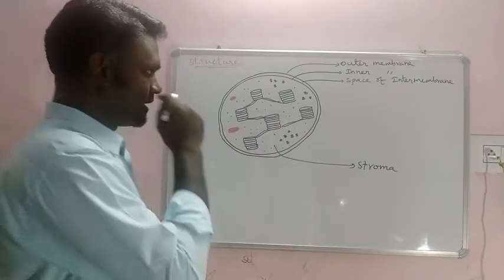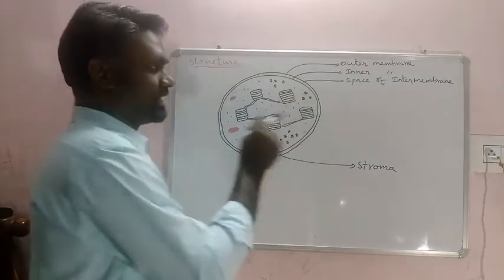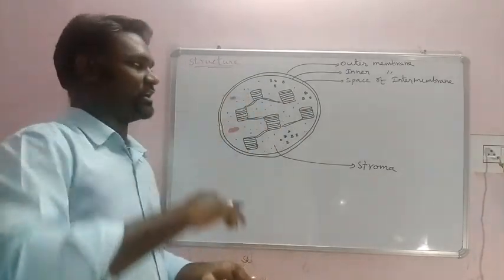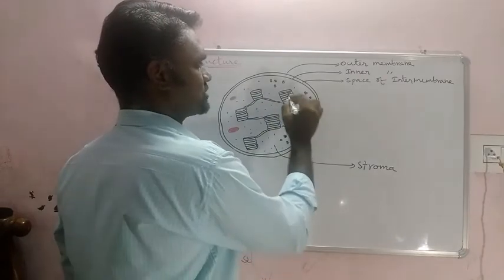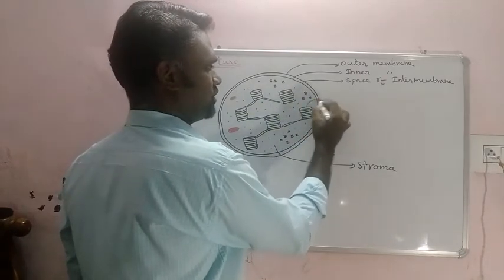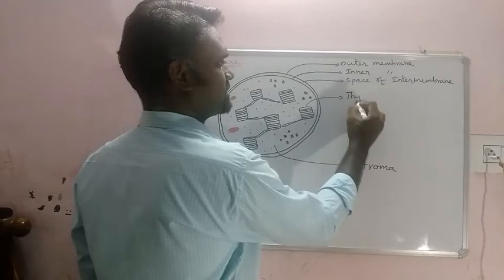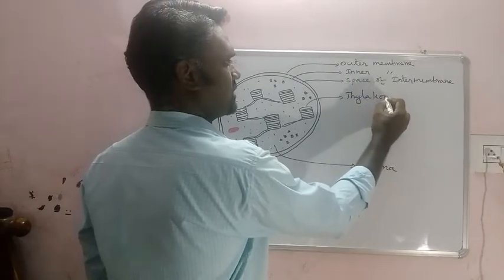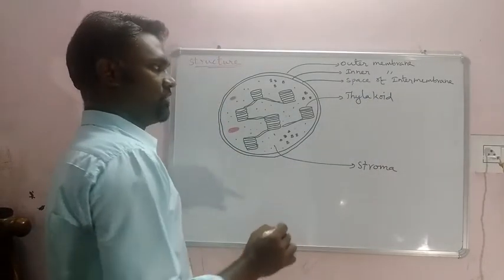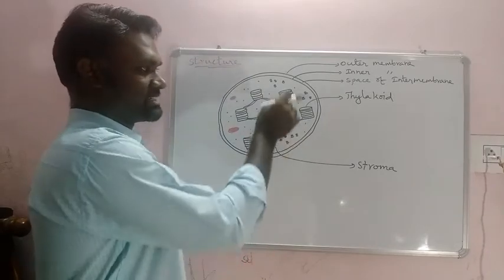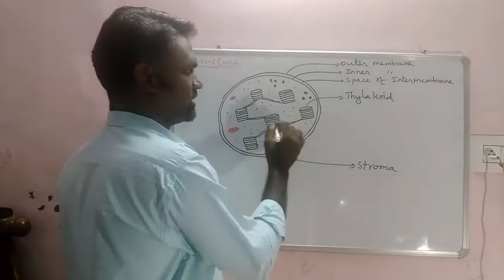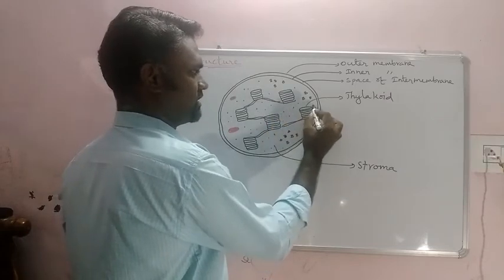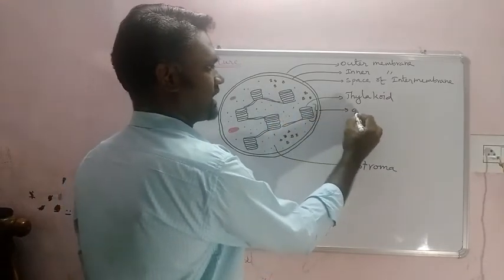Here it is stroma. Right. Now the coin-like stack arrangement which is available: individually, if I want to call each one, it is called thylakoid. If we want to call the whole stack of coin-like structures together, I have to use the term granum.